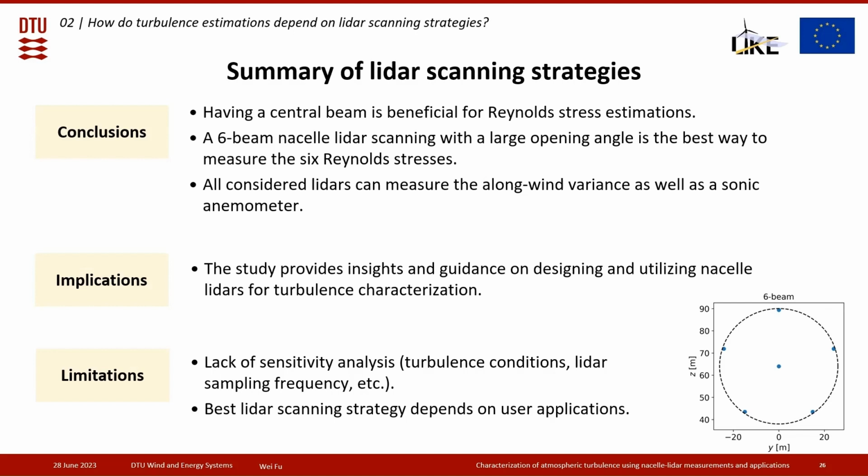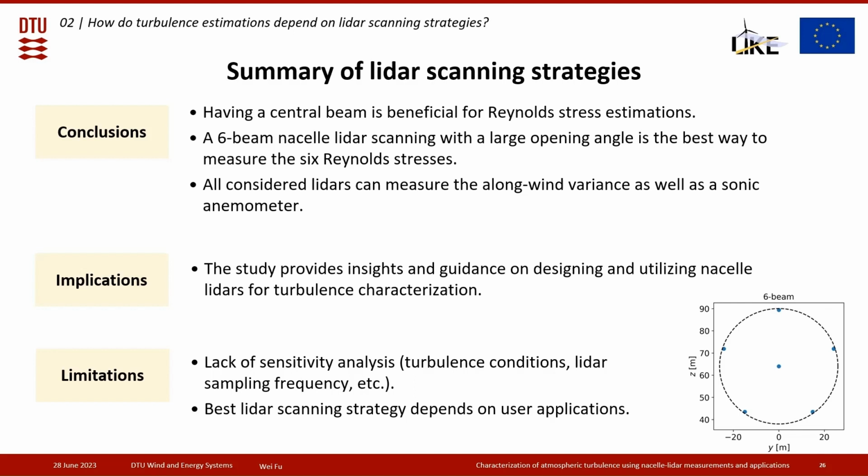Lastly, we saw that all considered LiDARs can measure the along wind variance well using this IEC standard assumption, as well as a sonic anemometer. So this work provides some insights and guidance on designing and utilizing LiDARs for turbulence characterization.